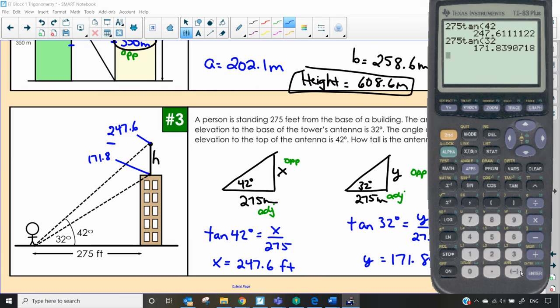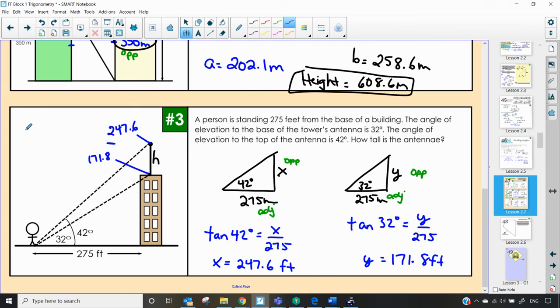So on our calculator, we're going to take that 247 and subtract our other answer. So again, we can pull that answer forward, second function answer, and we get a distance of 75.8.